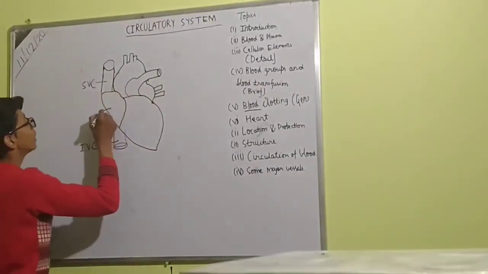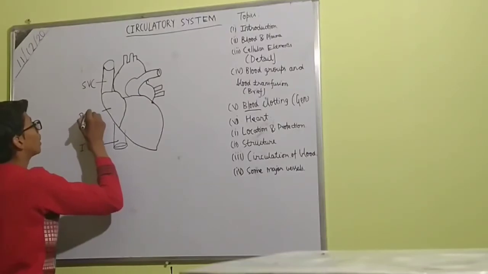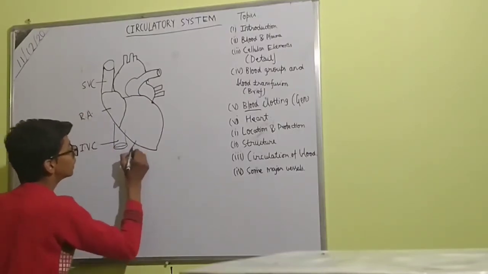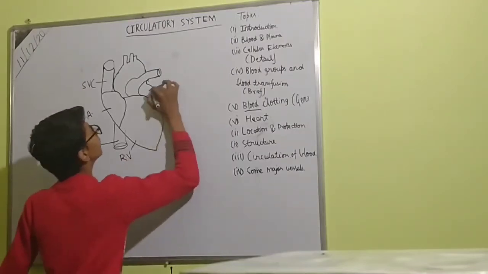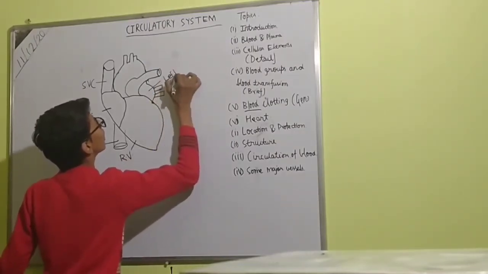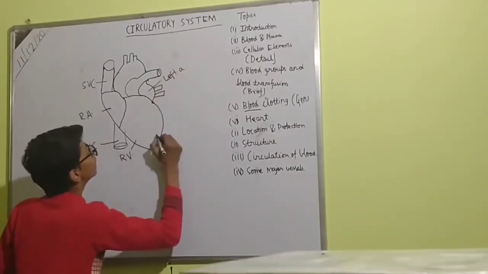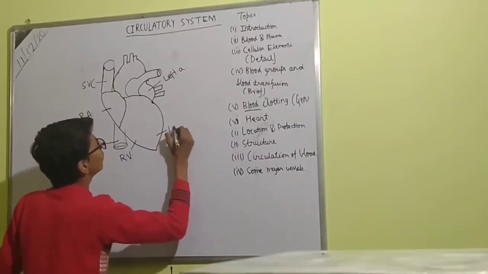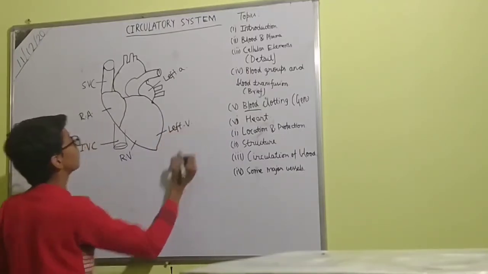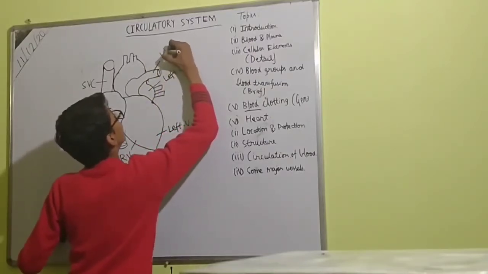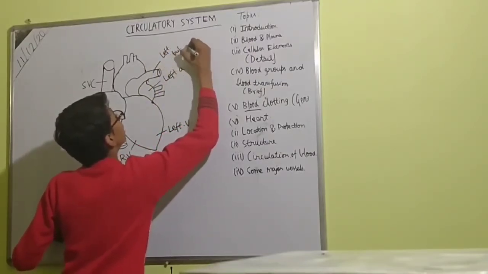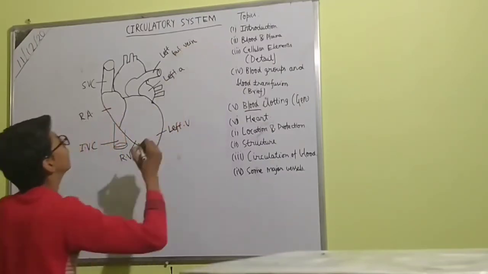We have discussed here. This is right auricle or right atrium. This is right ventricle. This is left auricle or left atrium. This is left ventricle. This is left pulmonary vein.